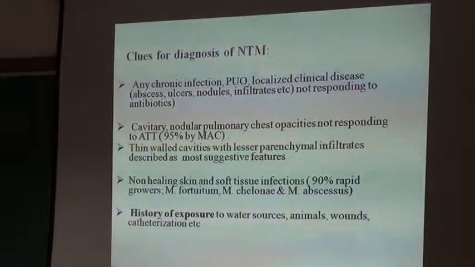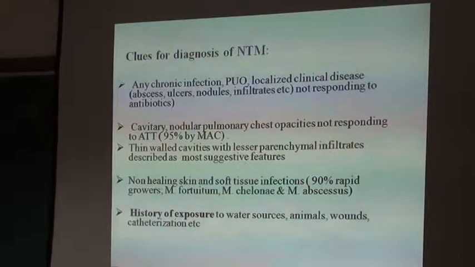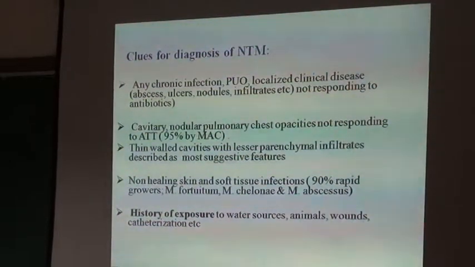Now coming to the clues for diagnosis of NTM infection, what are the different points which favor the diagnosis of NTM infection? Any chronic infection or pyrexia of unknown origin, or localized clinical disease like abscess, ulcer, nodules or infiltrates which is not responding to antibiotics. Reticular or nodular pulmonary chest opacity not responding to ATT.